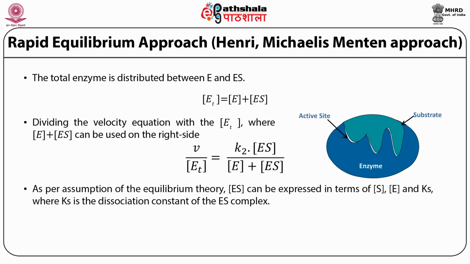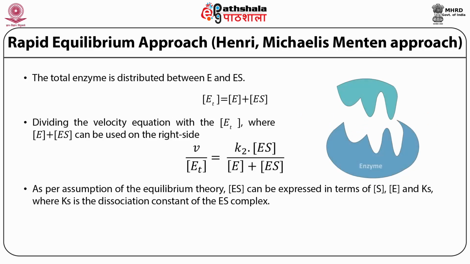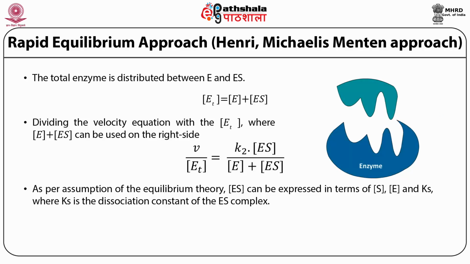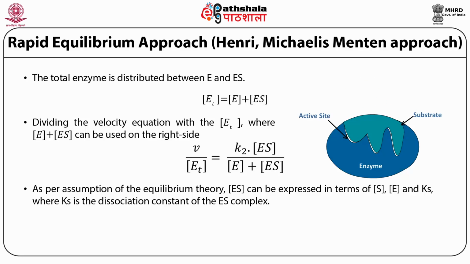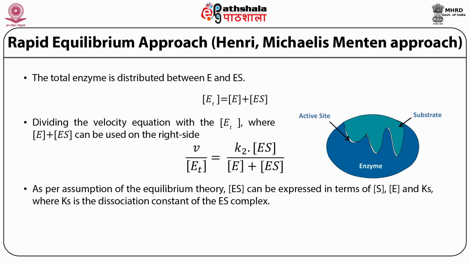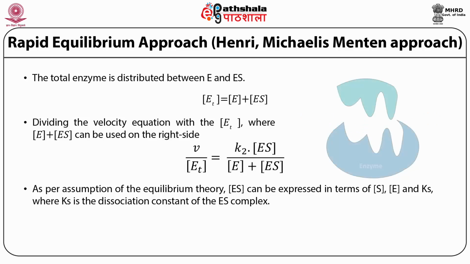But if you remember the assumption of equilibrium theory, ES complex can be expressed in terms of substrate concentration, free enzyme concentration, and dissociation constant. The dissociation constant of a reaction where we have equilibrium between formation of ES complex and its breakdown is like a normal reaction when A plus B combine to form C plus D. So the overall reaction has a dissociation constant.